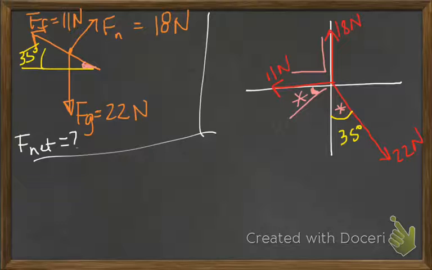Since that 35 degrees has been rotated counterclockwise, that's how it translates over also. So what I have starred here in pink, and the other 35 degree star in pink, those are the same two angles. Okay?